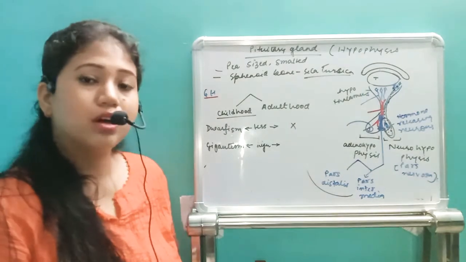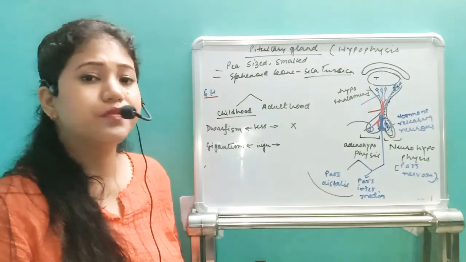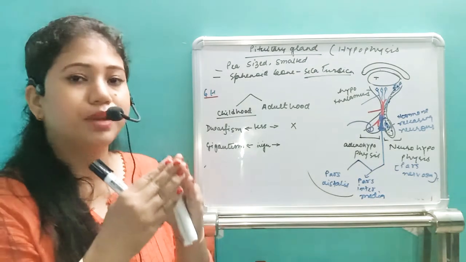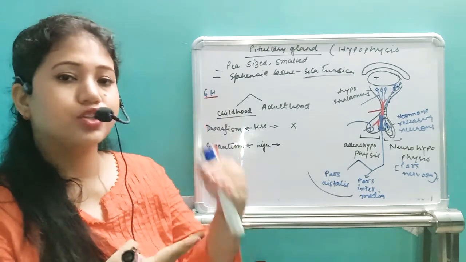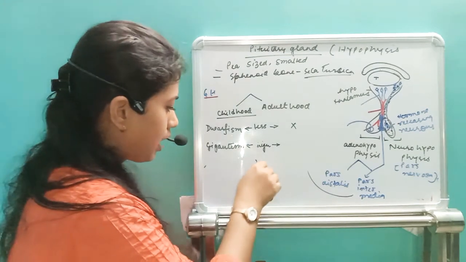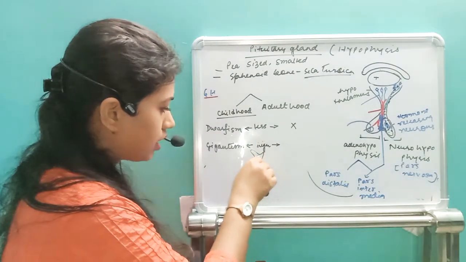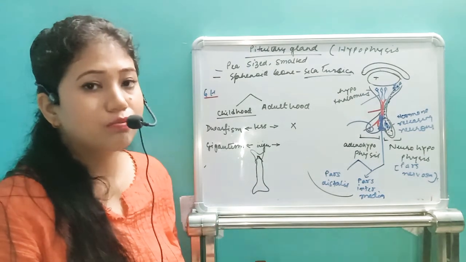What will happen in adulthood? Already the individual has attained growth and the epiphyseal plates in the bones have already fused, so longitudinal growth of the bones is not possible.